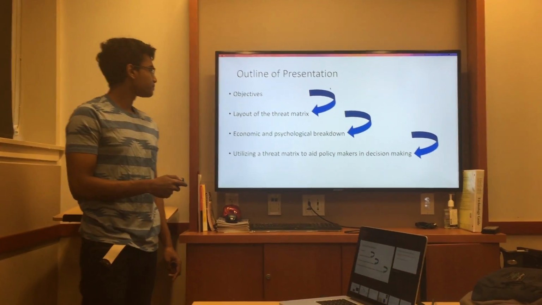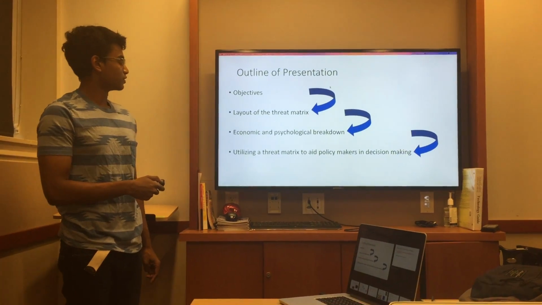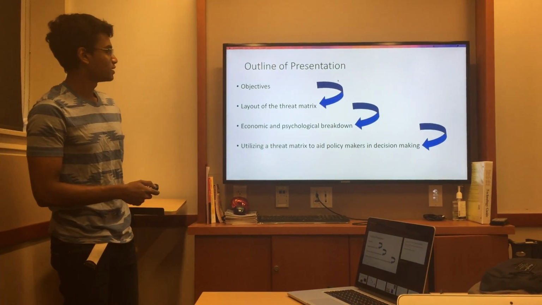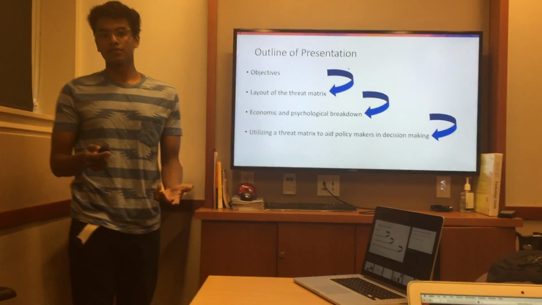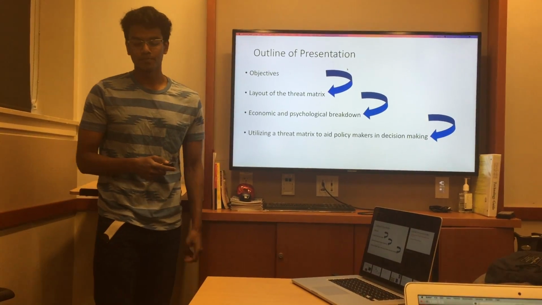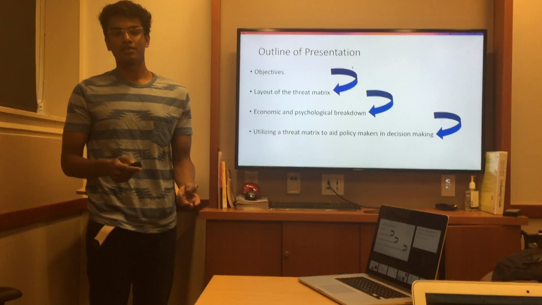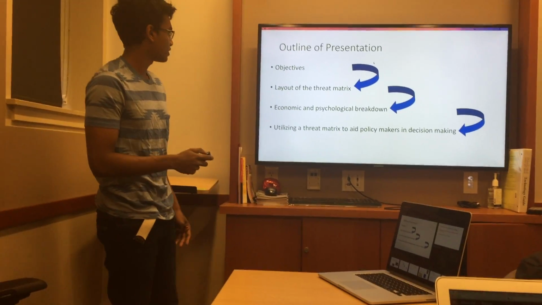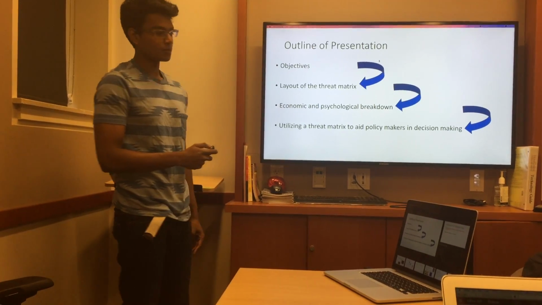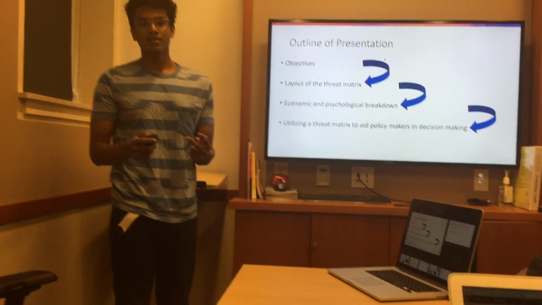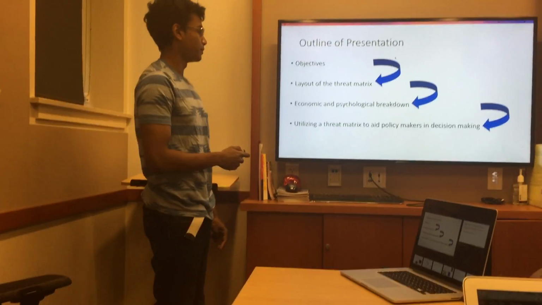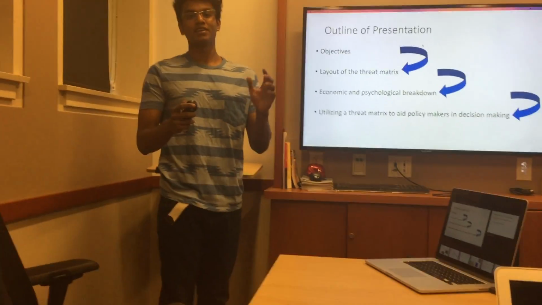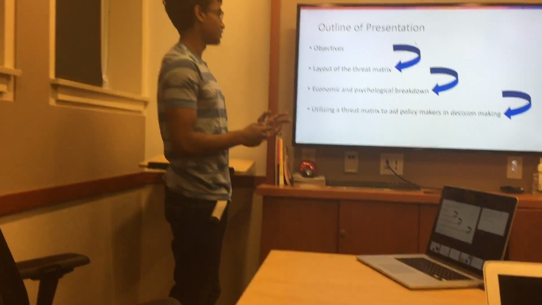So, the outline of the presentation: I'm going to lay out the different types of security events, which are biosecurity, cybersecurity, 9/11 type attacks, and nuclear warfare. And then I'm going to present the two different matrices that I've been working on to classify and categorize different security events.